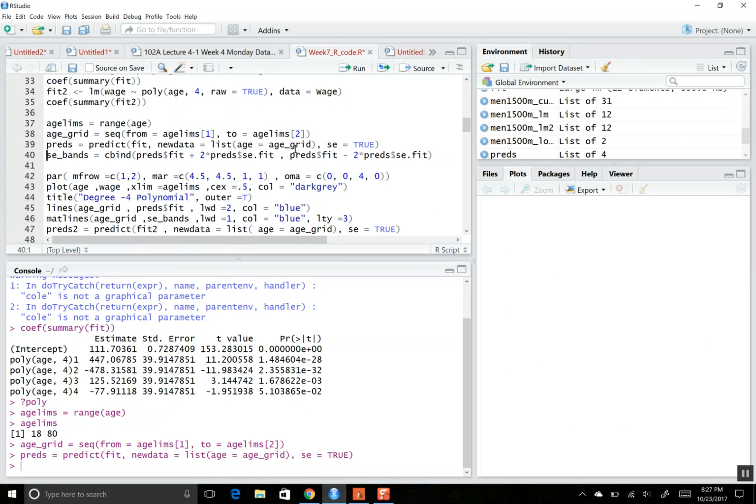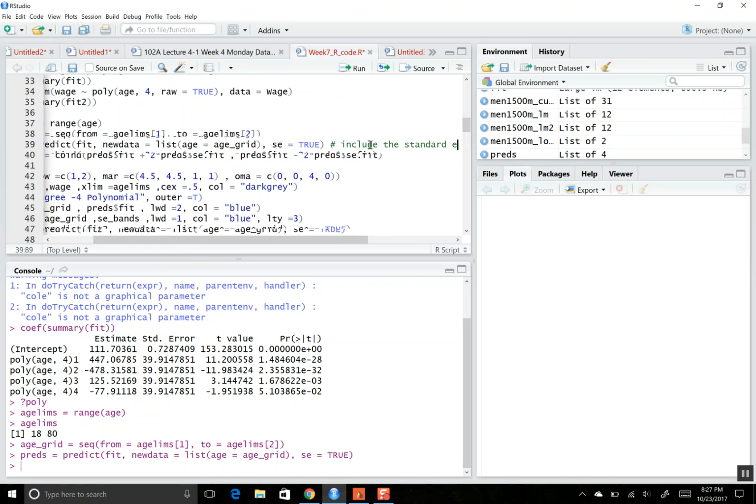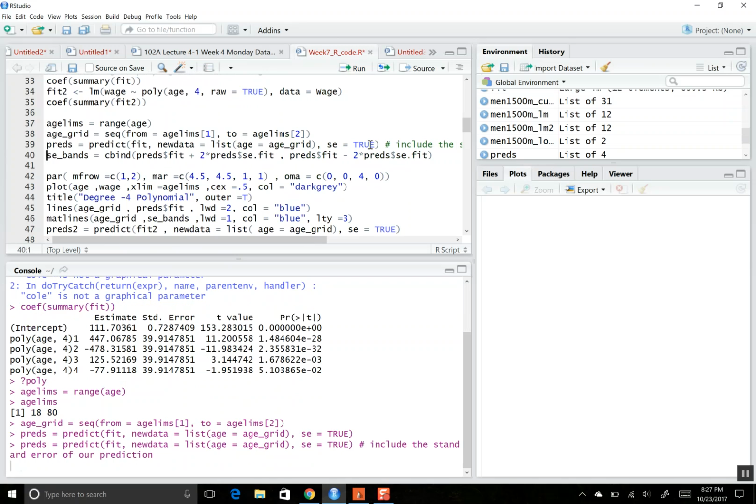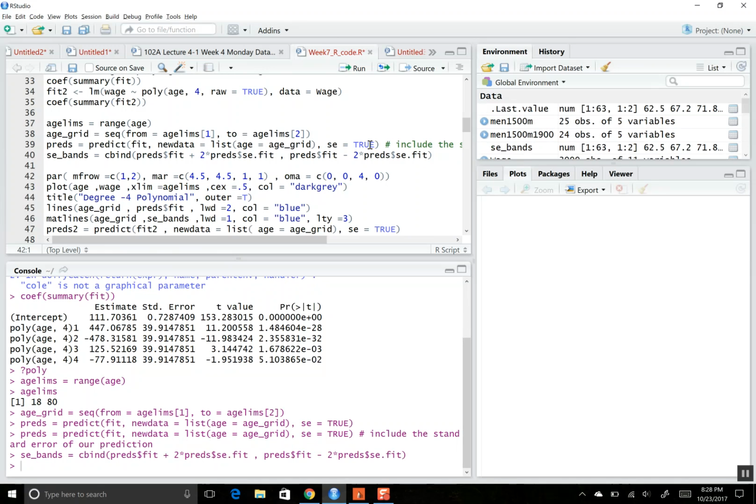all of our predictions. When you do predict, you can also get the standard error. Okay, so SE includes the standard error of our prediction, and then we can calculate standard error bands by going up or down 2 standard errors, 1.96 or whatever you want.